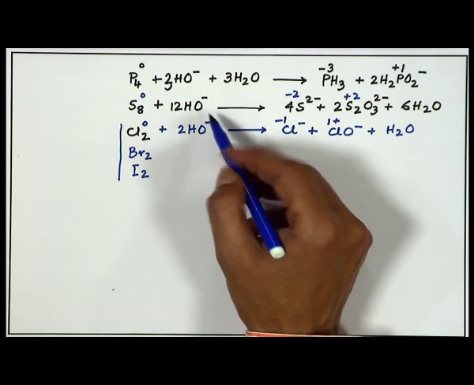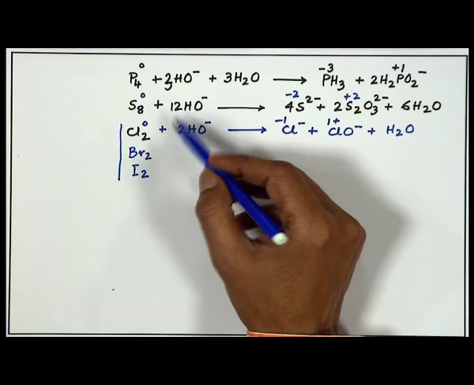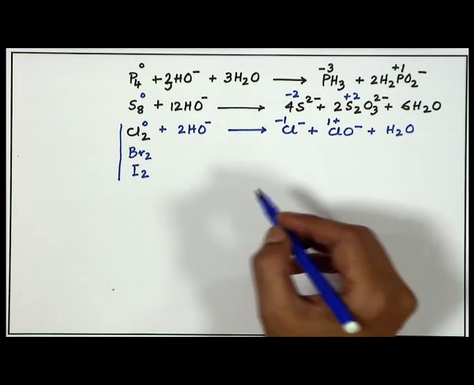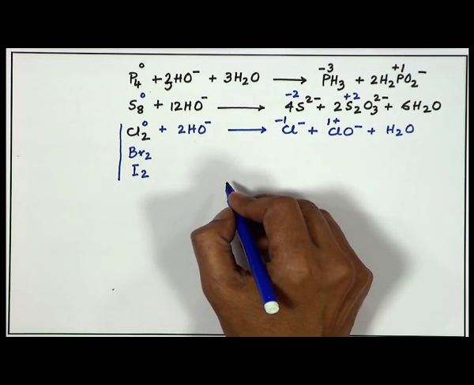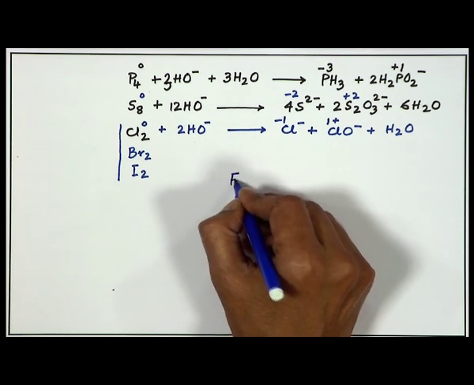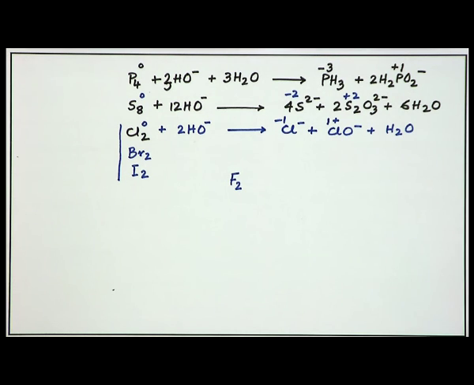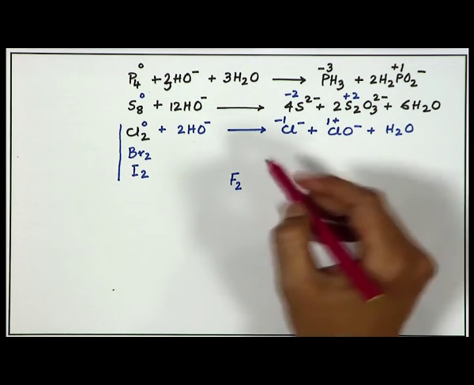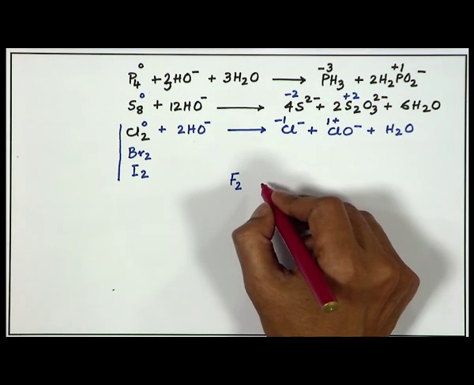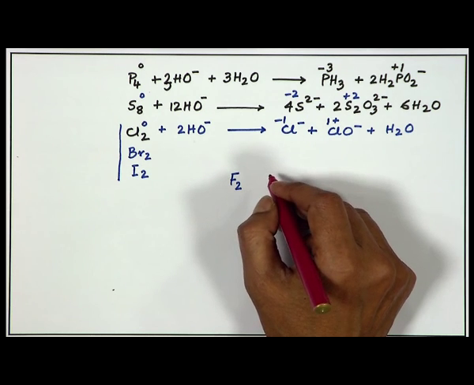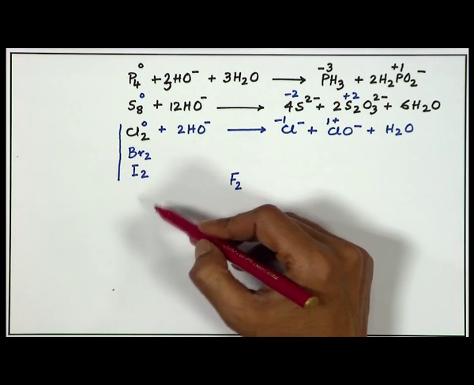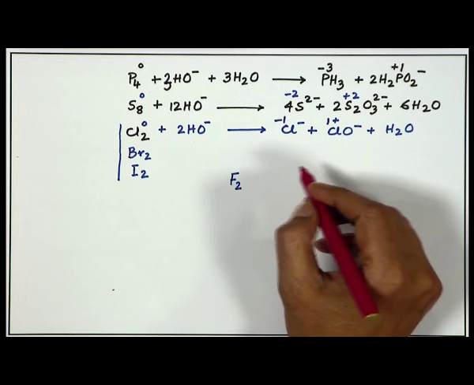But the tendency for a different type of reaction can be very easily seen from another example we have discussed earlier, that what about F2, whether F2 can also go for this sort of disproportionation reaction that Cl2, Br2 and I2 are following, but it is not that.